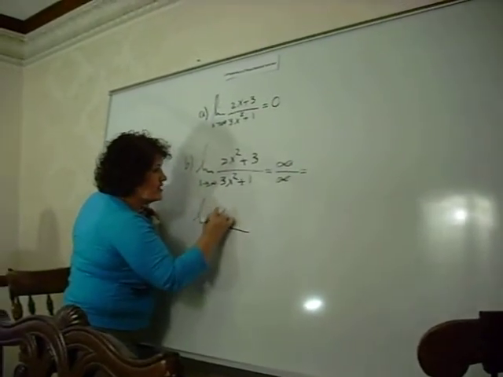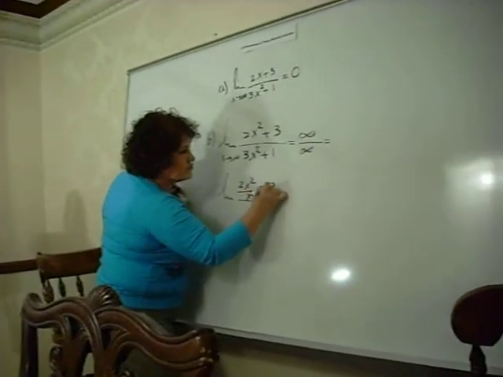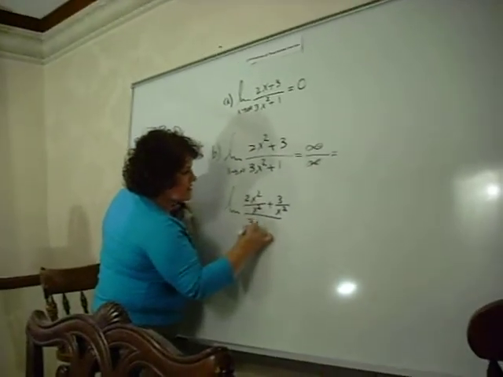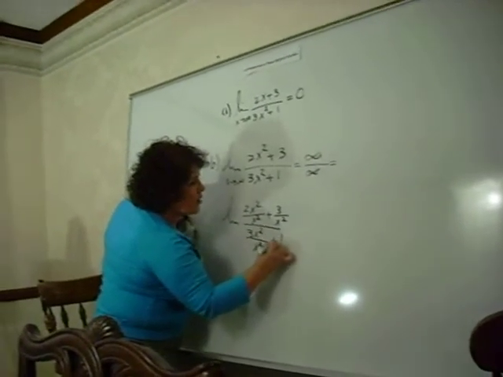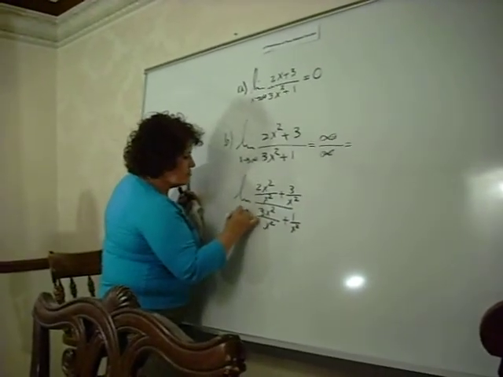So 2x squared divided by x squared plus 3 divided by x squared, over 3x squared divided by x squared plus 1 divided by x squared, when x approaches infinity.